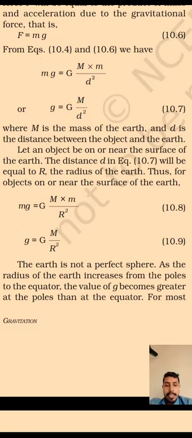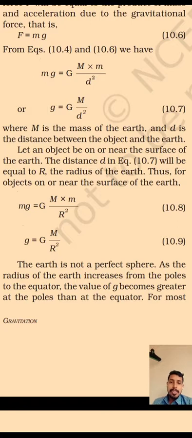Equator is, if we say that ball, we know poles, north pole and south pole. Okay, in that north pole and south pole the radius is lesser than the radius at the equator. Okay, the radius at the equator is bigger than the radius from the poles to the center of the earth.